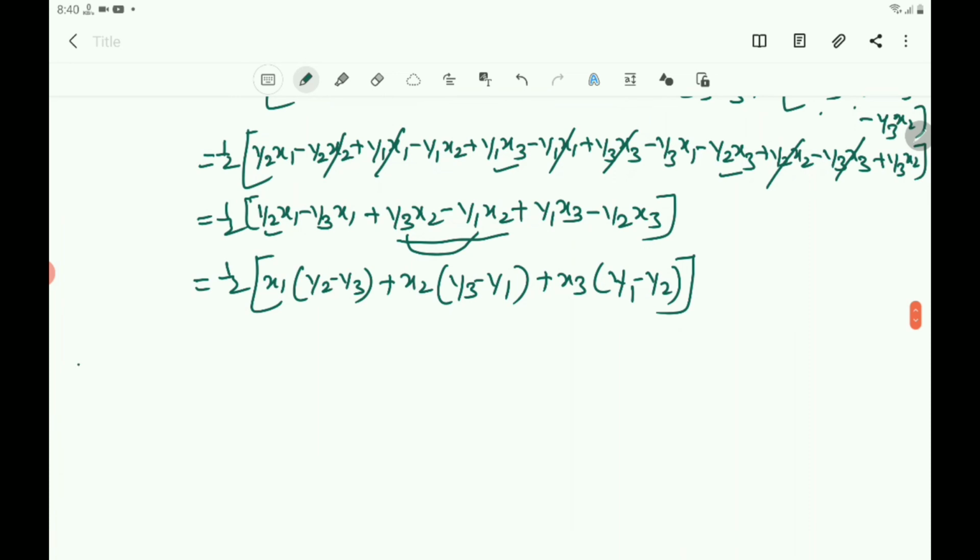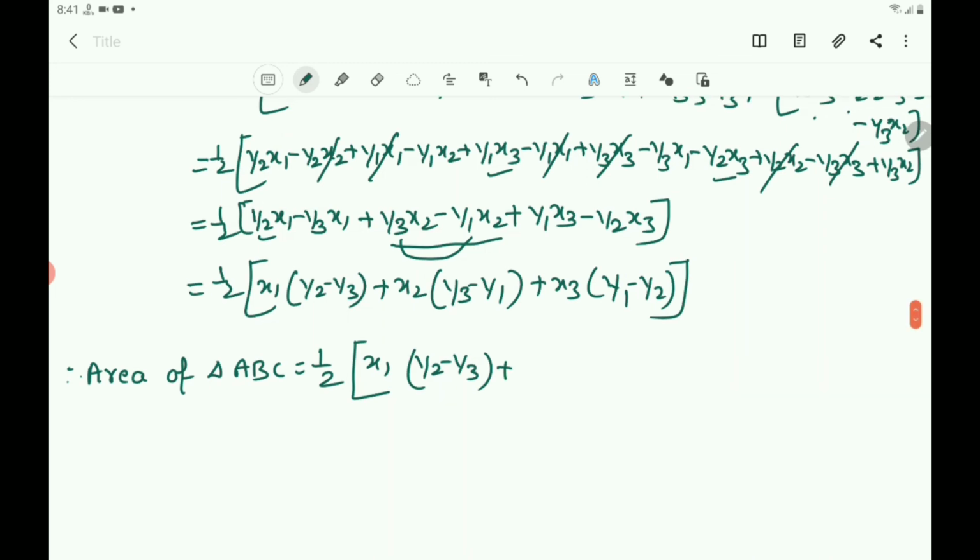Therefore, the area of triangle ABC equals half into, what you got? The first term is x1 into (y2 minus y3), see here 1 2 3.